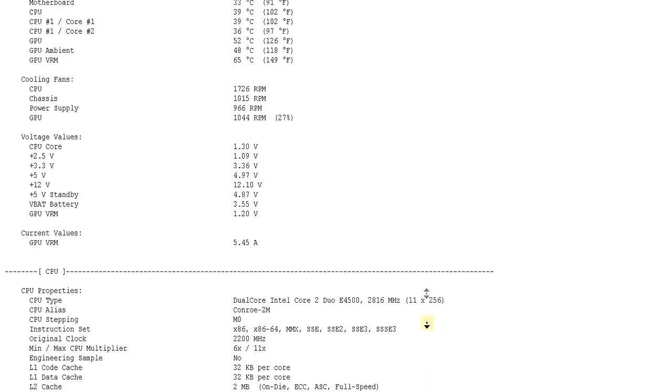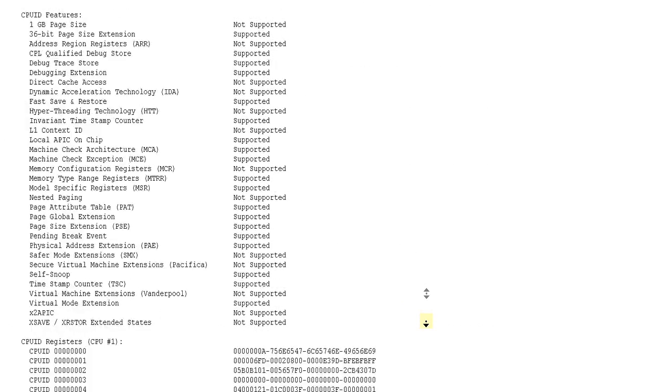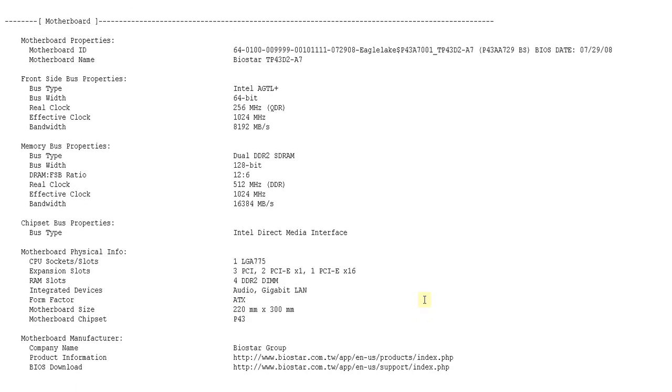Let me go back. Go down to motherboard. Alrighty. 64-bit here. Oh well. And then, the bandwidth. But if you noticed that, Intel still kept the front side bus idea back then.